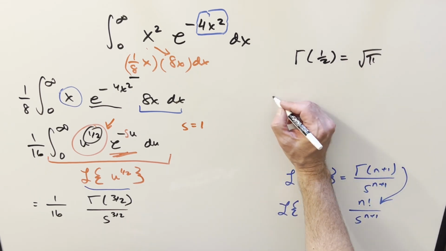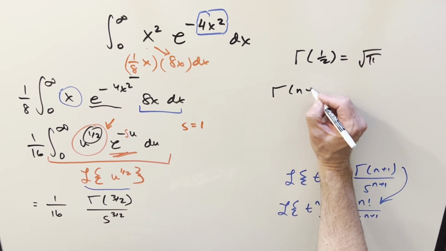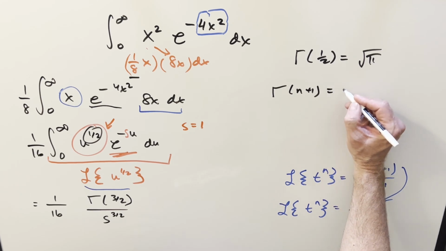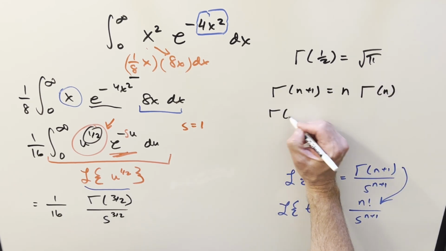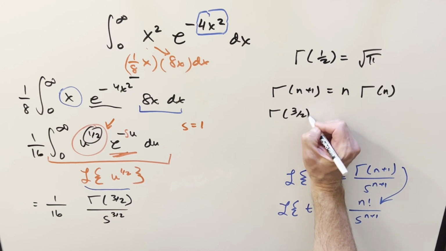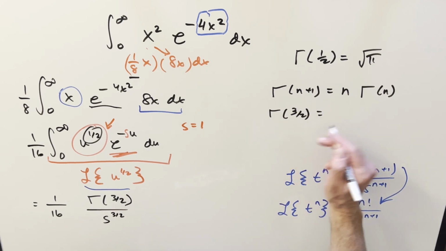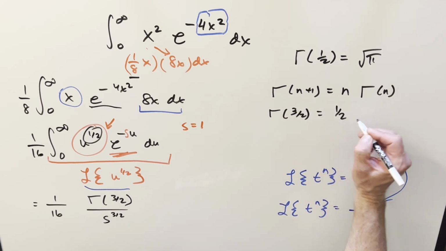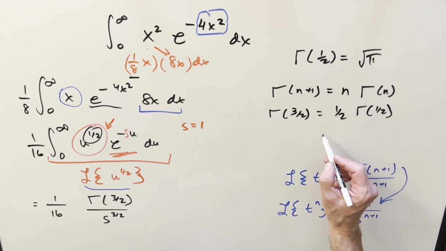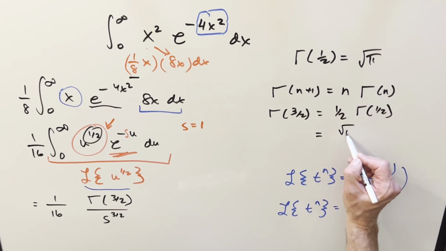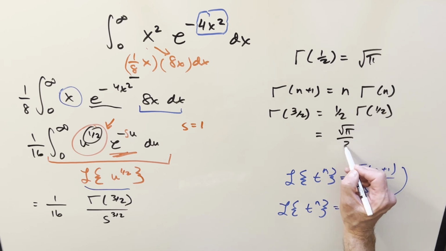Along with this, we can use the formula that says gamma of n plus 1 is the same thing as n times gamma of n. So with gamma of 3/2, we can reduce it by 1, and we end up with 1/2 times gamma of 1/2, which is just going to be square root of pi. So what we have for a value on this is going to be just square root of pi over 2.